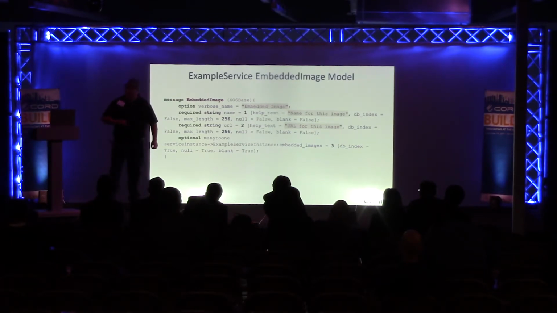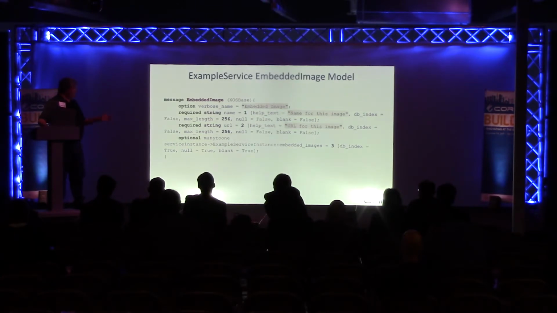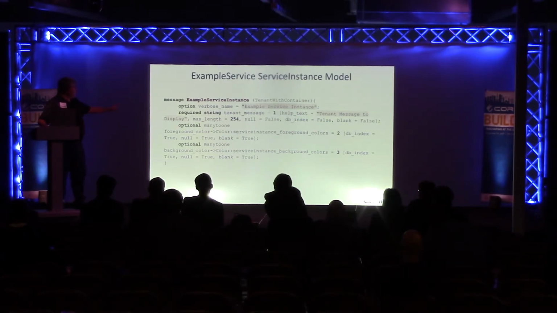Now you've noticed that I did the foreign keys slightly differently for color and for image. That was on purpose. So back here in the service instance, we had foreign keys that pointed to colors. That's because each service instance we've set it up can have exactly one foreground color and one background color.